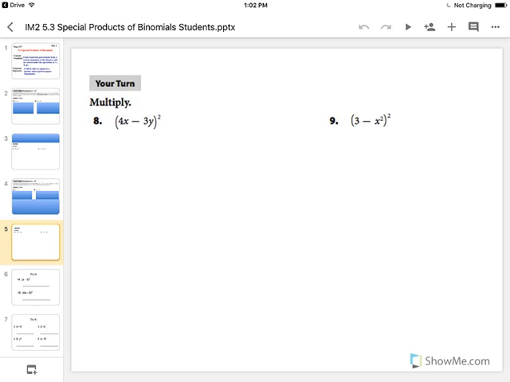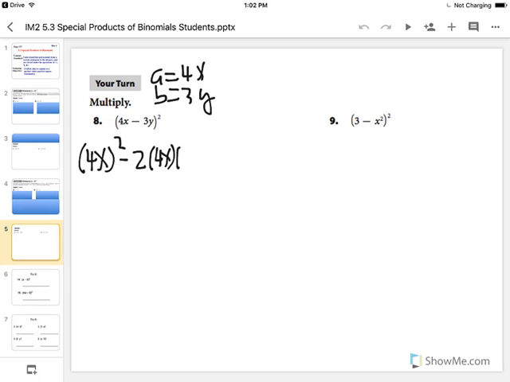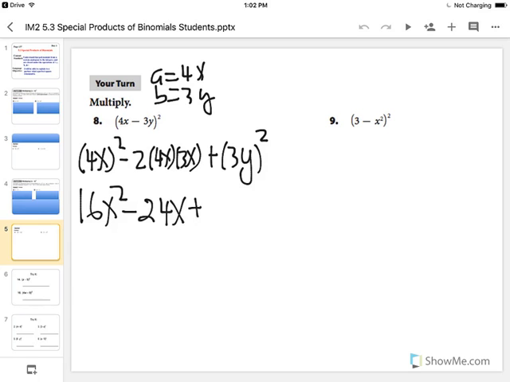This is your turn, so try this out. Here I'm using the identity or the formula, but you can always use FOIL and you will get the same answers.